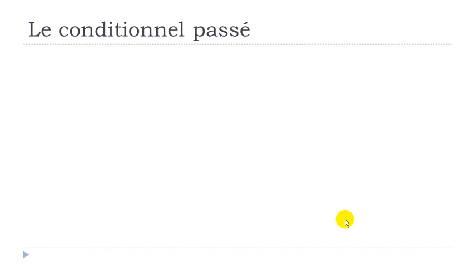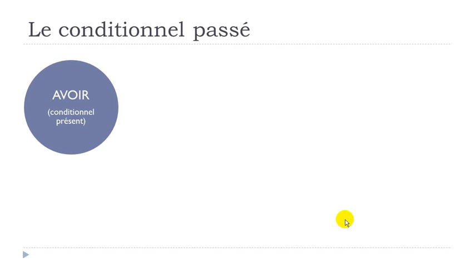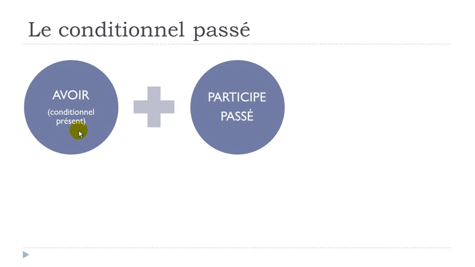If you want to construct this conditionnel passé form, you will first have to use avoir, but avoir should be at the conditionnel présent form. Then you will put after it the participe passé form that we saw previously when we introduced the passé composé, because that's the second part we use for the passé composé as well.